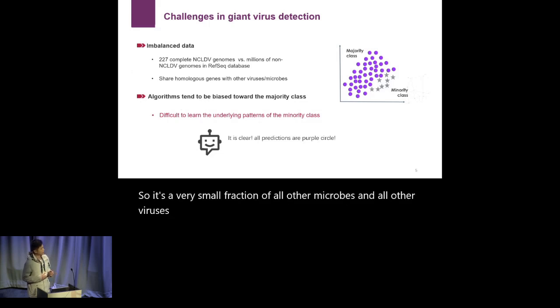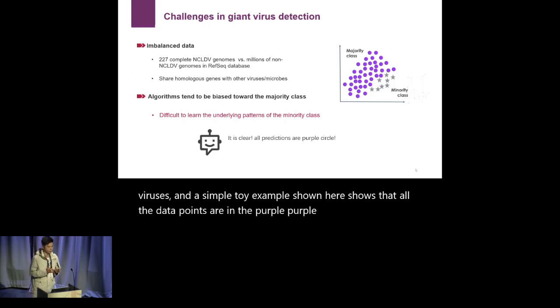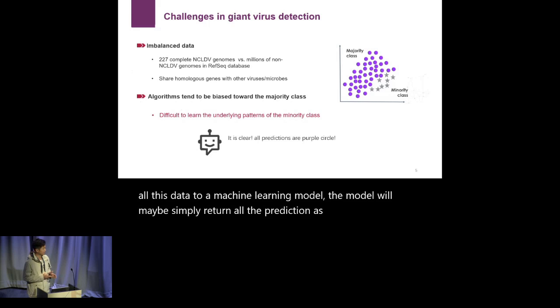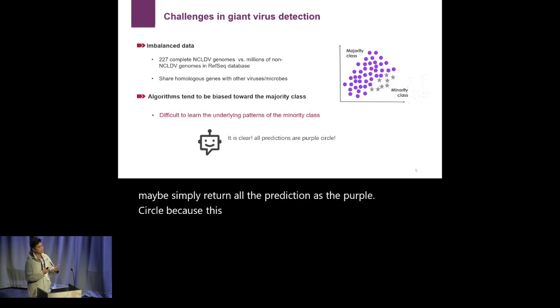A simple toy example shown here has all the data points in the purple circle. And if you feed all this data to a machine learning model, the model will maybe simply return all predictions as the purple circle, because this will lead to a good performance on the overall data set, right?